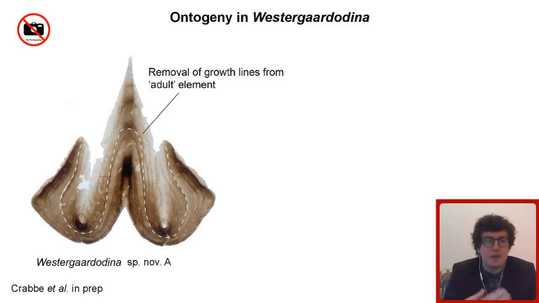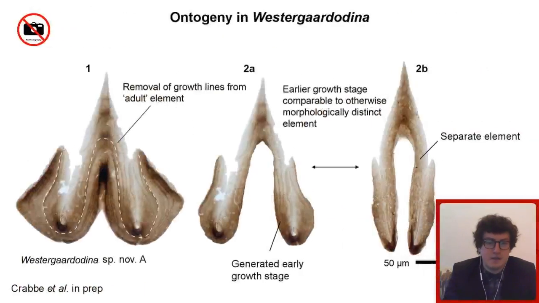And when we do that, we create an artificial early growth stage, which can be directly compared with what would be an otherwise morphologically distinct element that's collected from other samples. So again, highlighting this really distinct allometric development within paraconodonts and a seemingly more complex allometry within Westergaardodina. And again, also highlighting how distinct form taxa can share direct biological relationships.